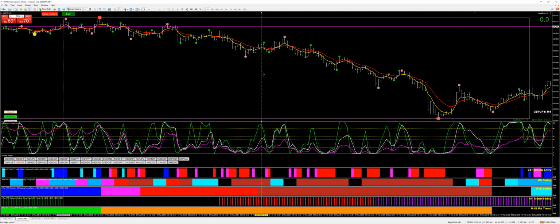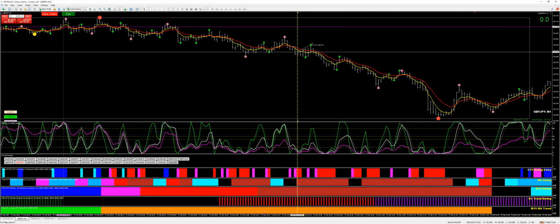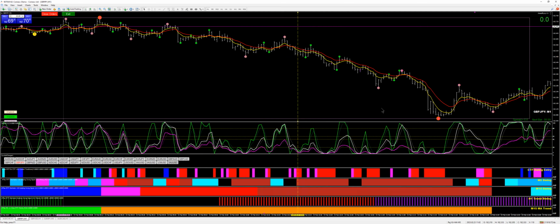So my fresh is over here. This is my fairly fresh one because of the retrace. And I get a 5 pip drawdown. And my trade, let's say, ends over here. It's 38 pips.